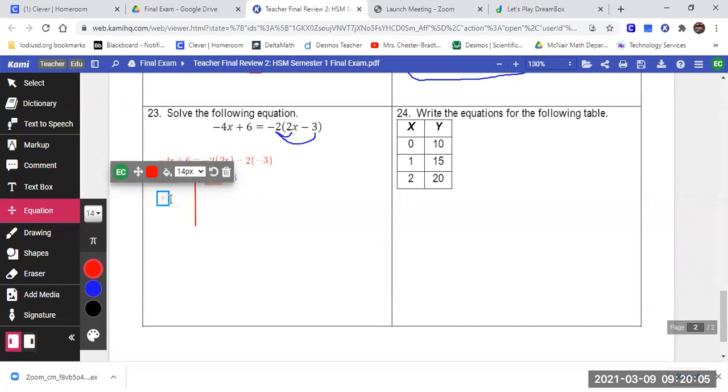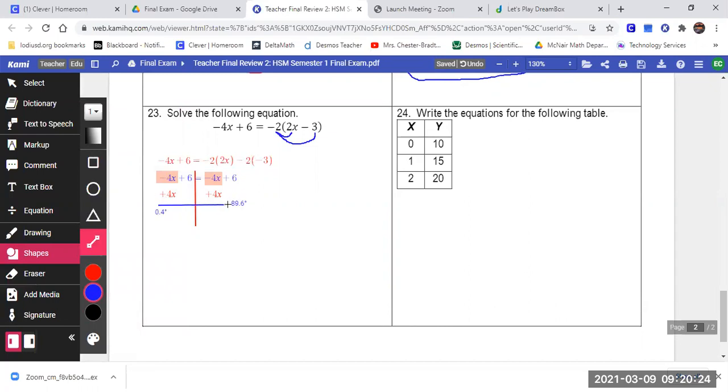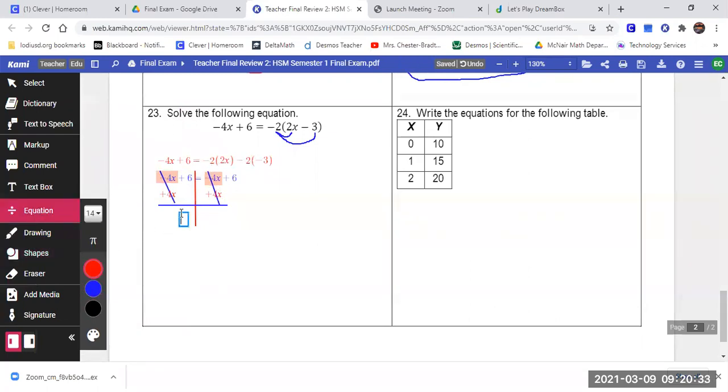Okay. I noticed big zero again, right? So what do I have left?